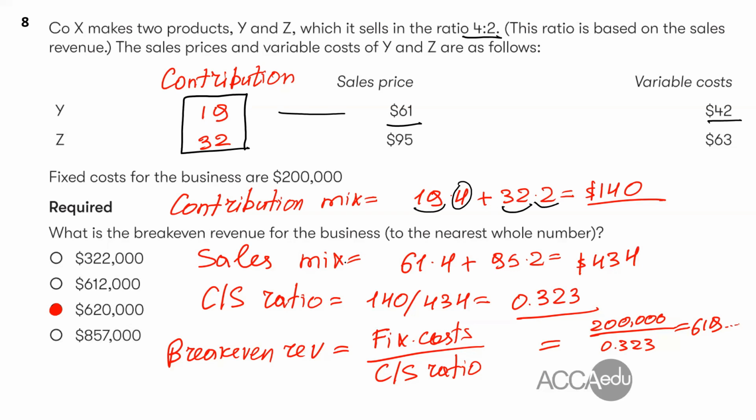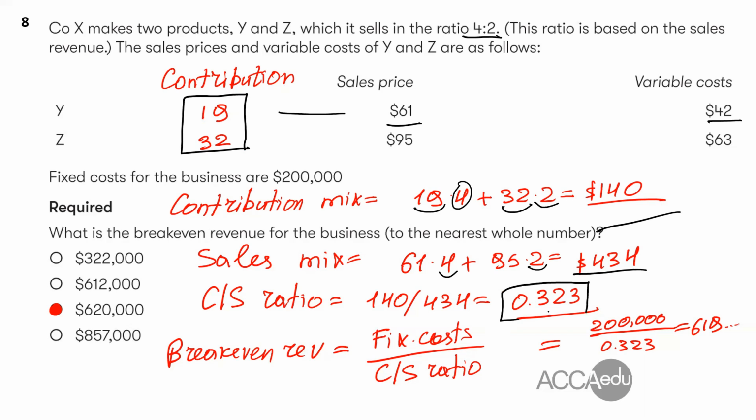Now let's find the sales mix. 4 units of Y with a price of 61, 2 units of Z with a price of 95 is going to give us 434. And then we find the contribution to sales ratio. So contribution 140 divided by sales 434. Contribution to sales ratio is 1.323.